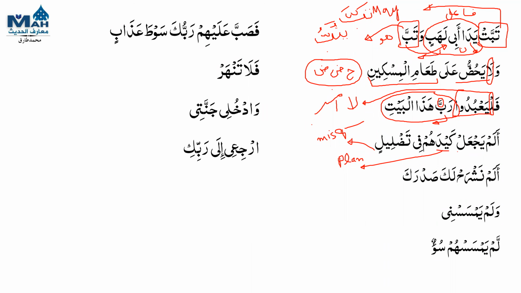Majzum. What is the file of yaj'al? File of yaj'al is huwa. Okay. Why kaidahum mansub? Maful, because of maful. And what is a? Harfe istafam. Harf or not harf? Harf. Harfe istafam. Okay. Now translate the sentence.